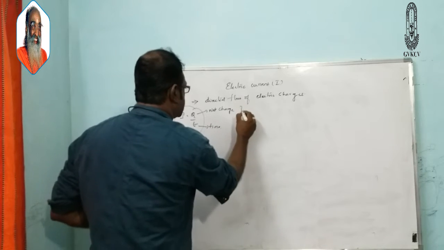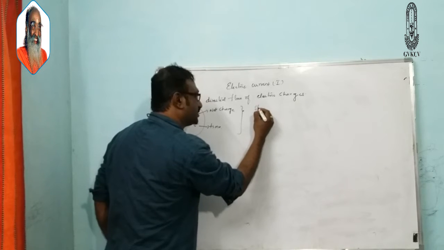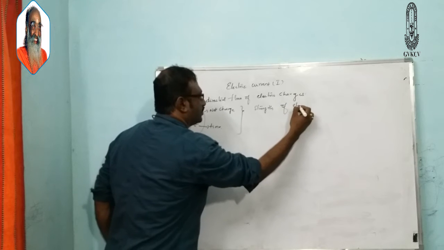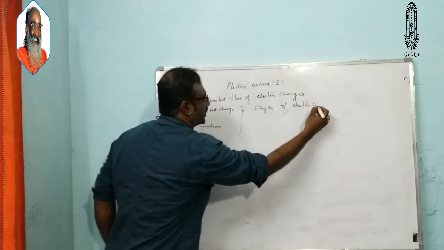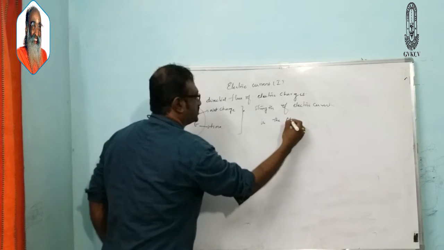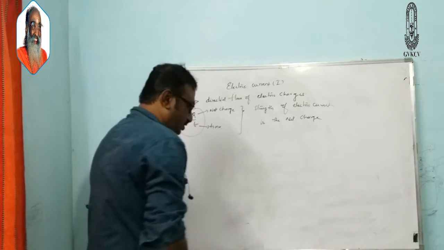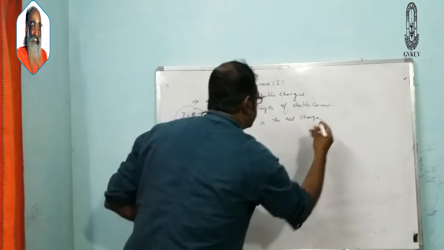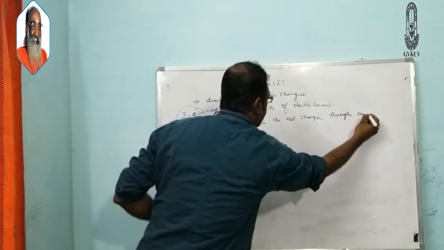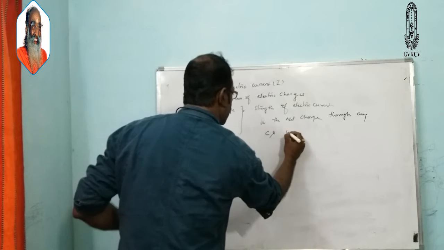So how to define this? Electric current, or strength of electric current, is the net charge through any cross section in unit time.